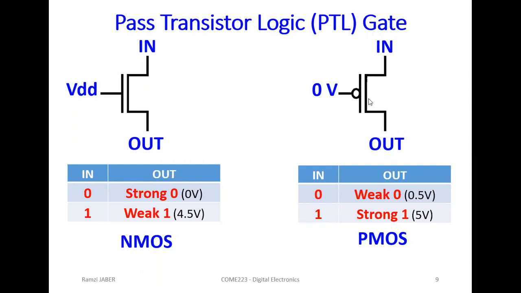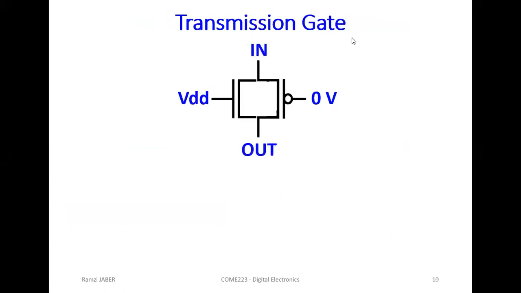For the P channel, it works for VDD: for input equal to VDD, output equals VDD, strong 1. For input equal to 0, which is not a good design, the output will be weak 0, about 0.5. To avoid this weakness, we create the transmission gate.